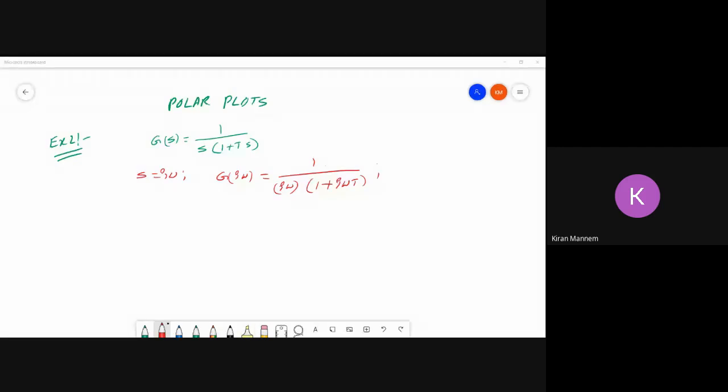Yeah, rationalize the transfer function. Very good.